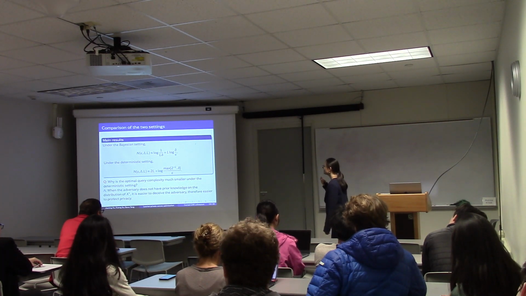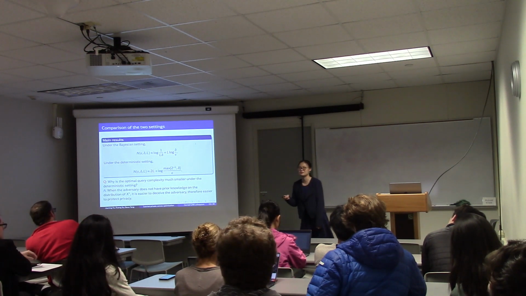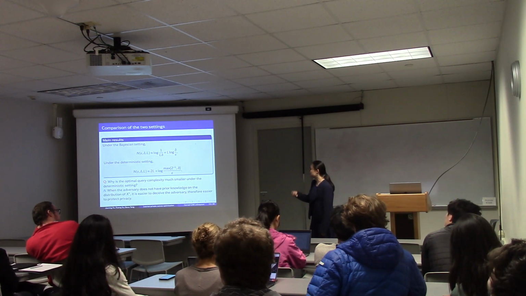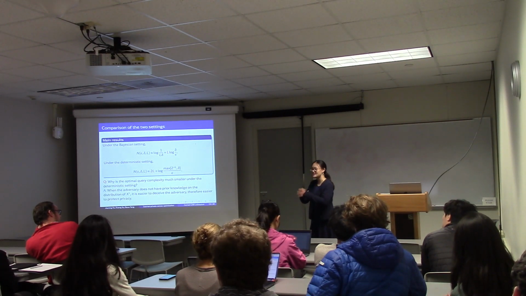But when the adversary does not have that kind of prior distribution information, it makes their task harder, and it makes it easier for the learner to deceive the adversary.